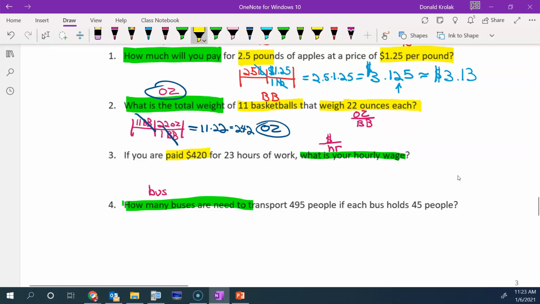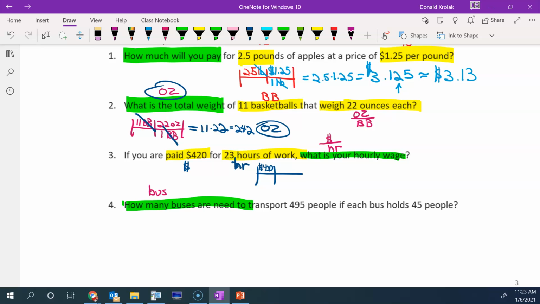All right, paid $420, so that's dollars. 23 hours, that's just 23 hours. And when I'm done, I want to have dollars on the top and hours on the bottom. Okay, so if I set this up, 420. Now, I'm not going to put 23 hours here because the hours wouldn't cancel then.